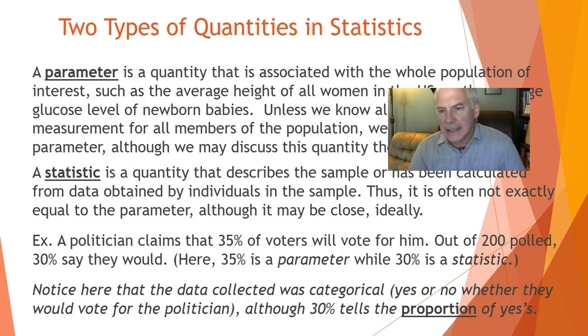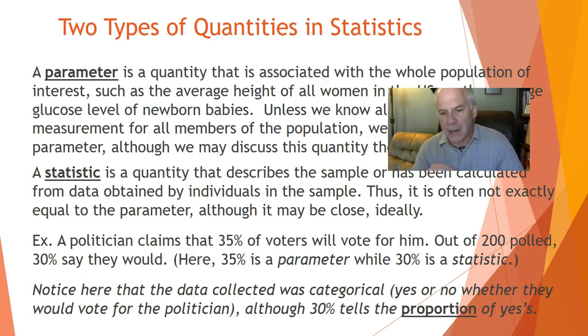35% here is considered a parameter because the 35% is speaking about all voters, possible voters. The politician claiming 35% is how many would vote for him. So that is just an estimate or guess by the politician.